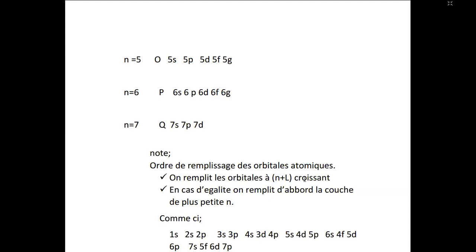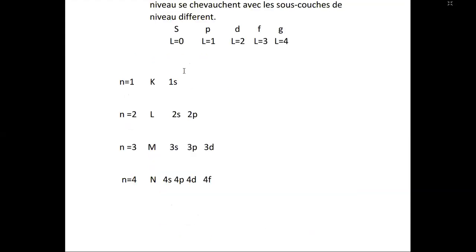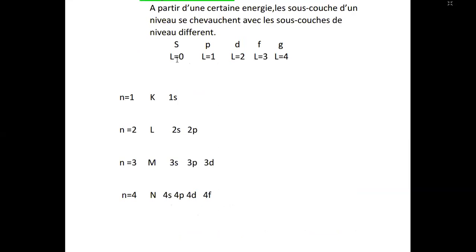So we fill the orbitals with n plus l increasing. What do I mean? If you see here, s has l equal to 0, p has l equal to 1.